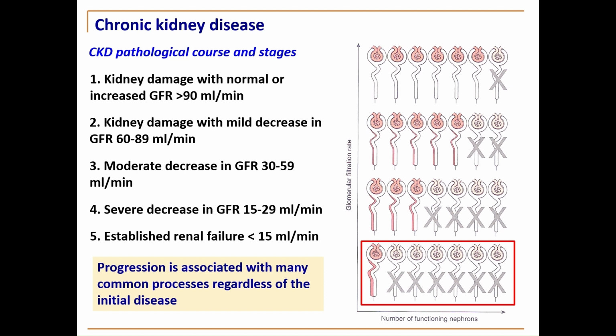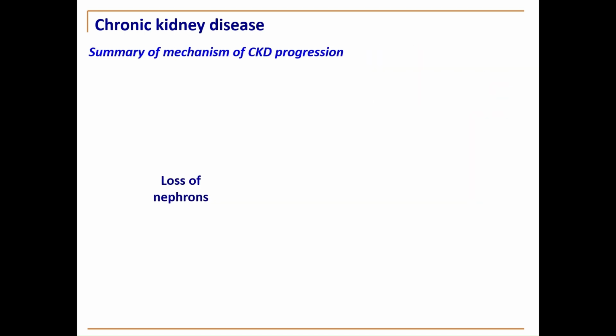So a key thing about this whole process is that progression is associated with many common processes. Doesn't matter what the initial disease is, whether it's diabetes or hypertension or other causes, progression is fairly consistent. And in that progression, you get a loss of functioning nephrons. Because you're damaging the kidney, the nephrons are starting to die. And that leads to a drop in GFR.